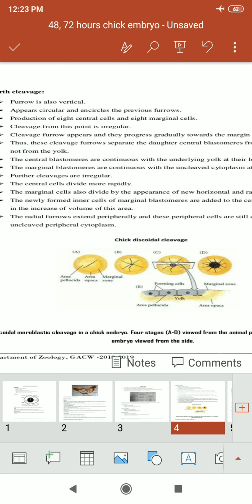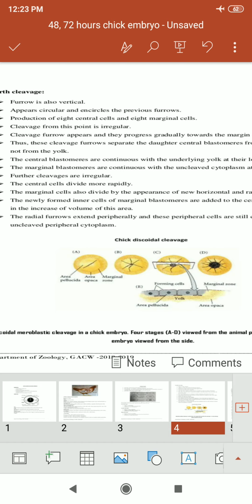The further cleavages are irregular. The central cells divide more rapidly, and the marginal cells also divide by the appearance of new horizontal and radial furrows. The newly formed inner cells of marginal blastomeres are added to the central cells, and these extend peripherally and enclose the peripheral cytoplasm.